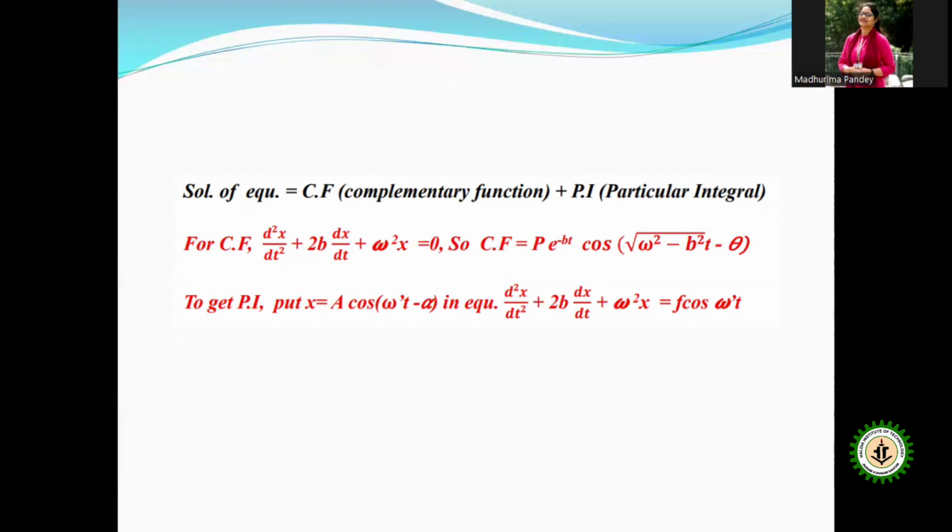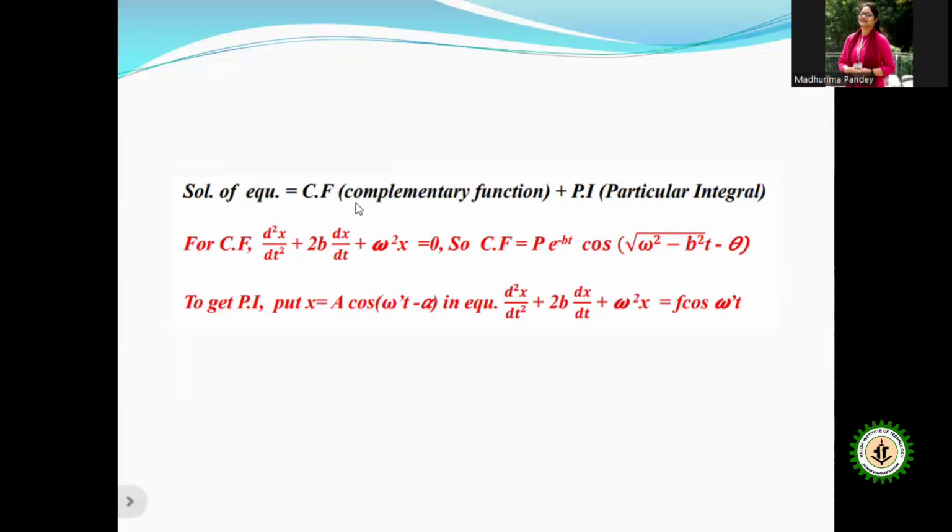Another is the motion that comes from the force. So we have to deal with two types of motion, that means two angular frequencies: omega and omega prime. Omega is the natural frequency of the system, and omega prime is the angular frequency when we consider the external force. Keep in mind that we have to deal with two types of angular frequency. That's why we get two types of solutions.